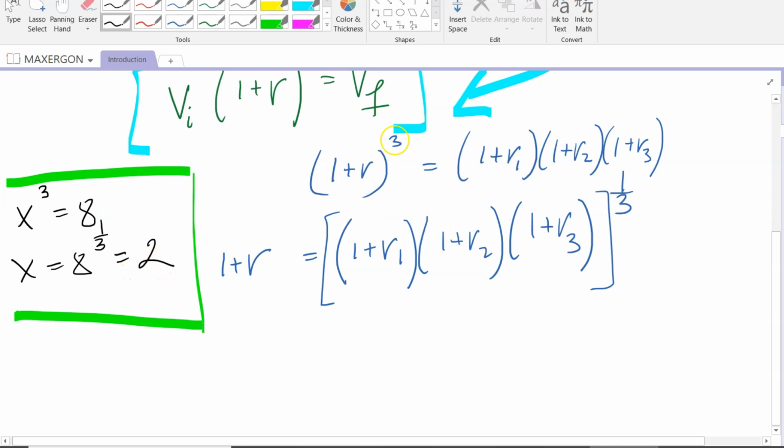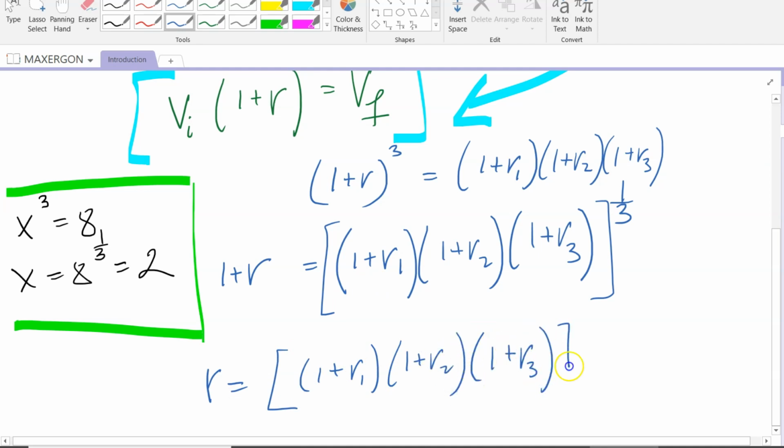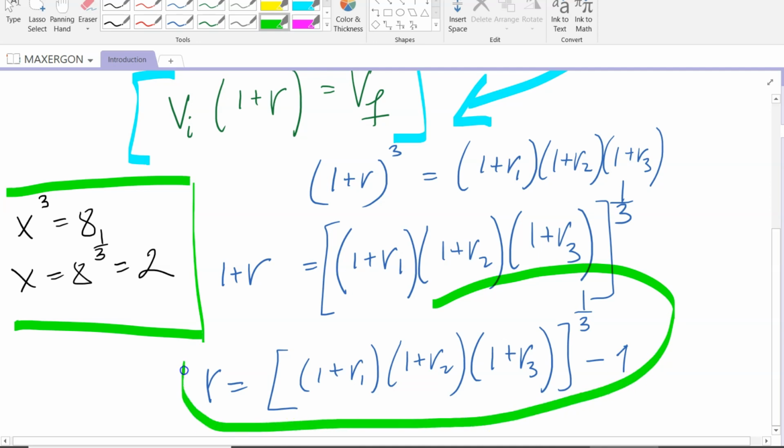We found the reciprocal exponent to 3. This allows us to find r from here, and that will be (1 plus r1)(1 plus r2)(1 plus r3), all that to exponent 1 over 3, minus 1. So we move this 1 to the right side. What we see here is the formula for the so-called average percent of change.